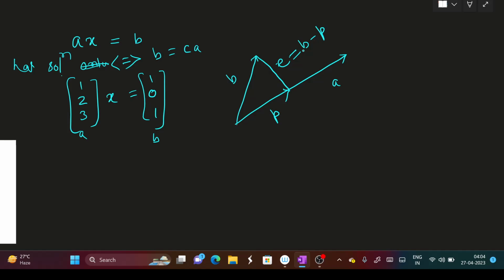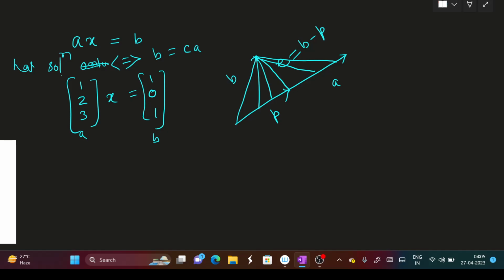Now, under what condition will this error be least? Suppose I have vectors like this. These are different projections of b along a. Now, which projection has the minimum error part?